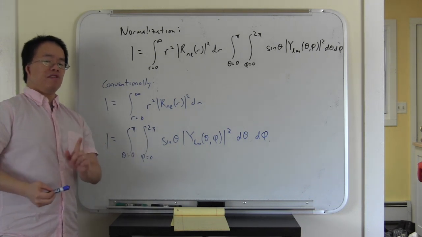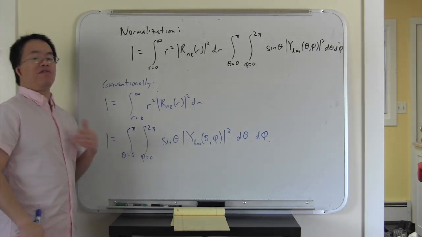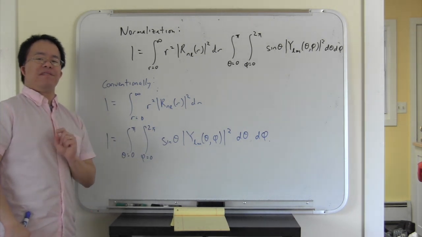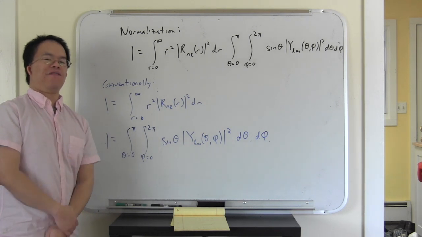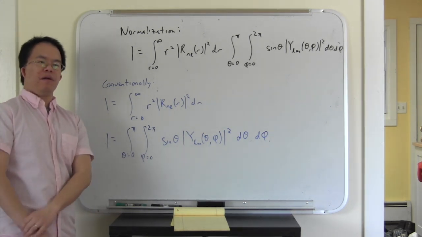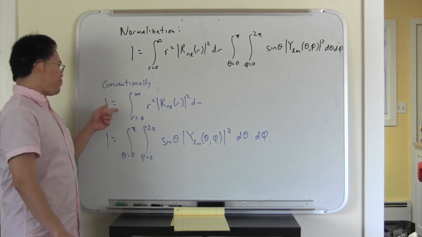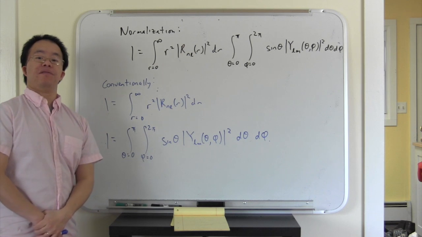The reason that I mention this is that Knight has a wacky normalization convention for the radial wave function that I've never seen anywhere else, where he does it differently by a factor of 4 pi. So again, look at the handout that I'm going to post for the right way to normalize the radial wave function.